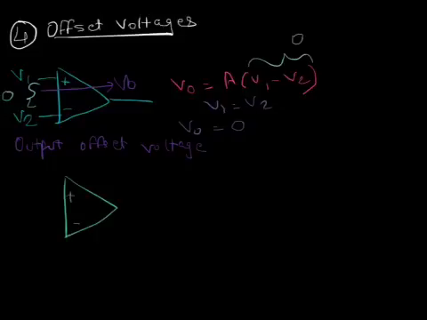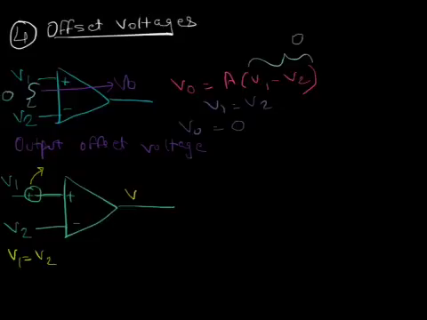So what we do is that we give some input already before we give it our V1 and V2. So we try to give this particular voltage such that if V1 is equal to V2, Vout should be equal to 0. And this voltage which you give to make Vout equal to 0 when differential input is 0 is called the input offset voltage.